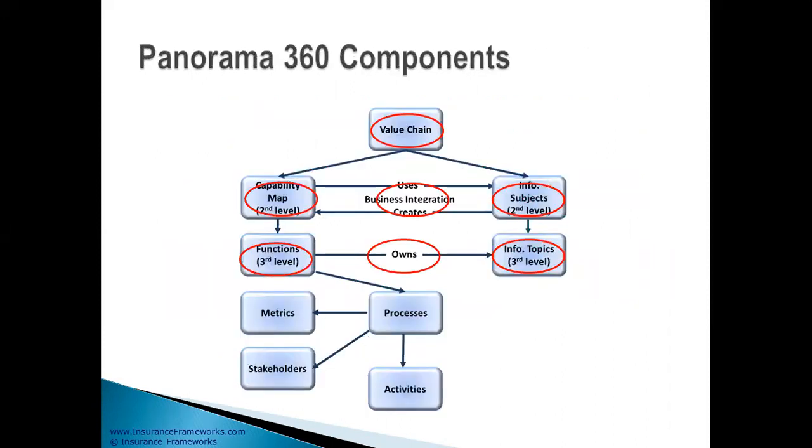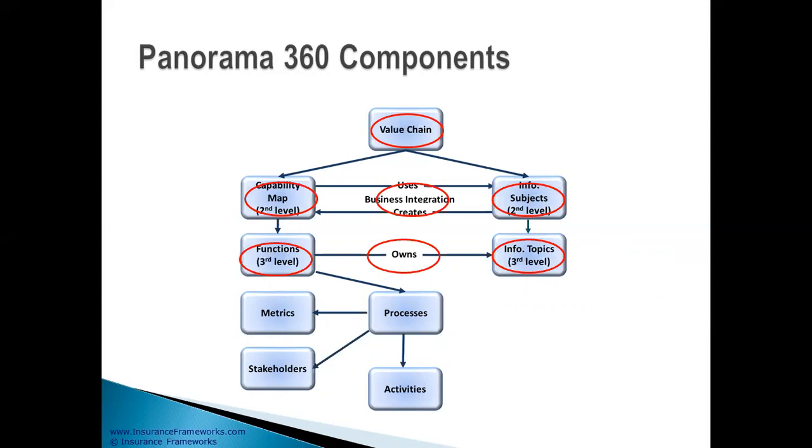The Enterprise Business Architecture Framework in Panorama 360 offers a level of granularity. It includes value chain, capability maps, functional maps, information structures, information subjects, information topics, as well as the integration map between the capabilities and the information, and the ownership map of the functions to the information topics.